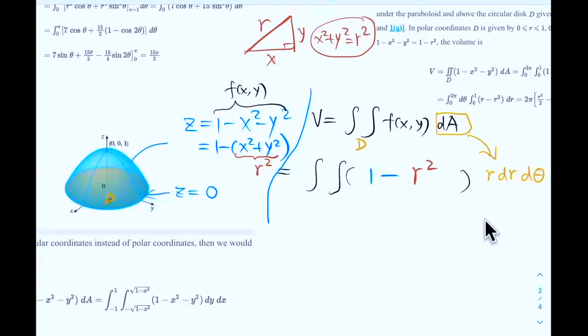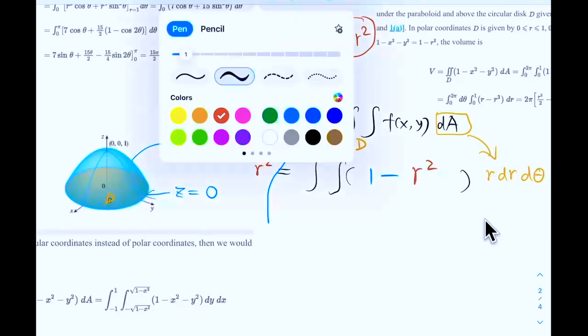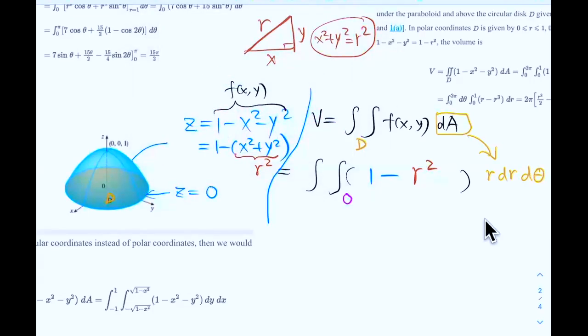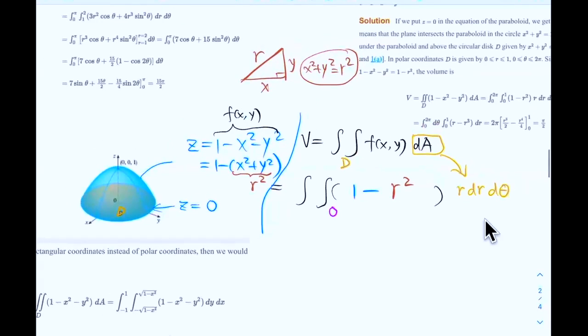All we have to do is just figure out r changes from what to what. Looking at the picture, what's the smallest r in this region? 0. Yeah, the smallest r here will be 0, and the biggest r here is what? It's 1, right? This circle here, if you set z equal to 0, you get x squared plus y squared equal to 1. So the equation for that circle is x squared plus y squared equal to 1, so the radius is 1.